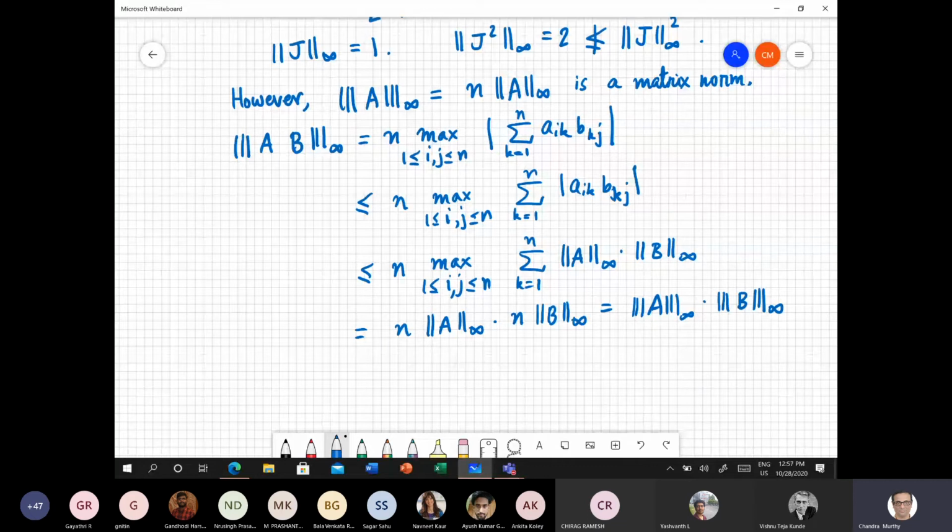Okay, so with a small modification to the definition, I can get a definition which is indeed a matrix norm.